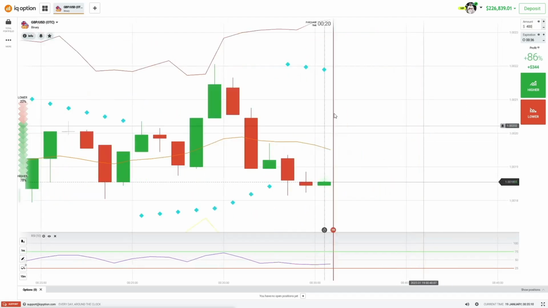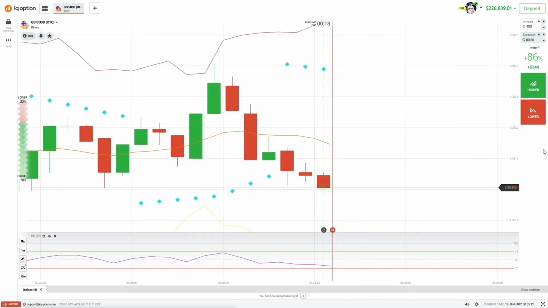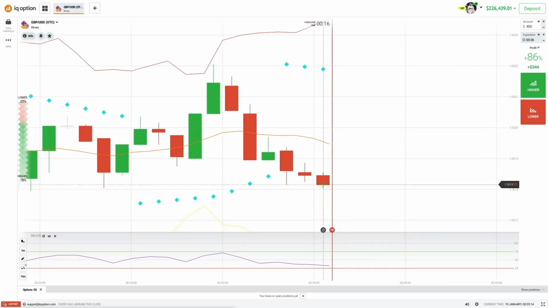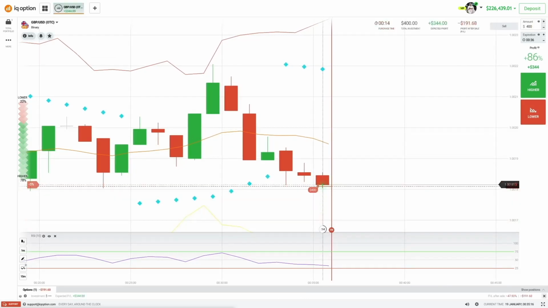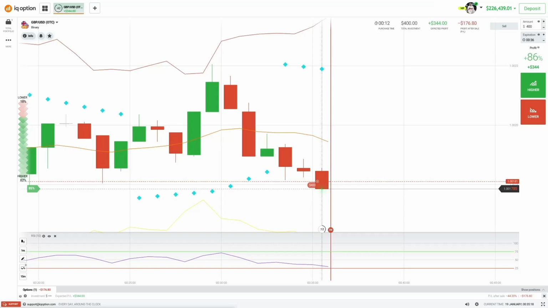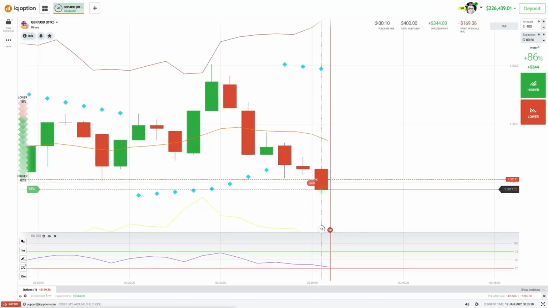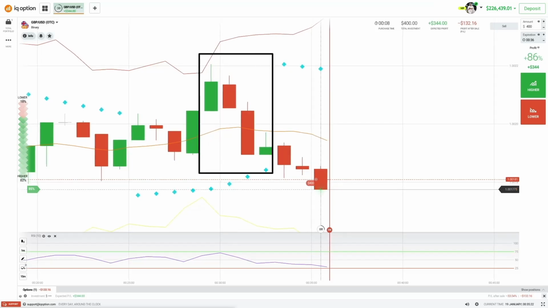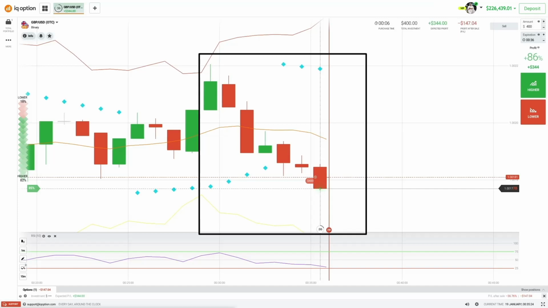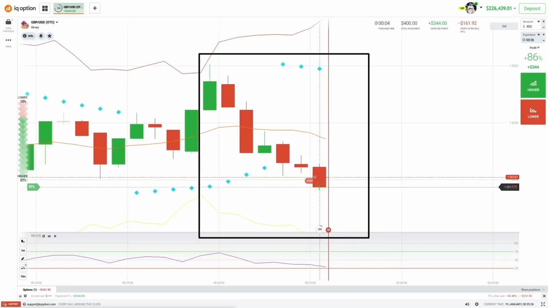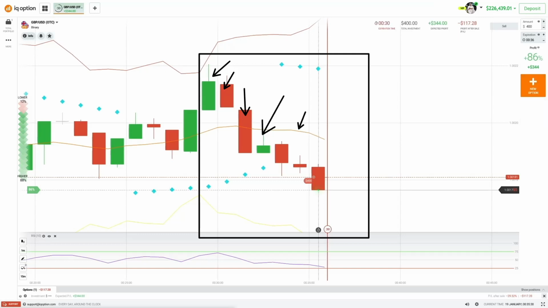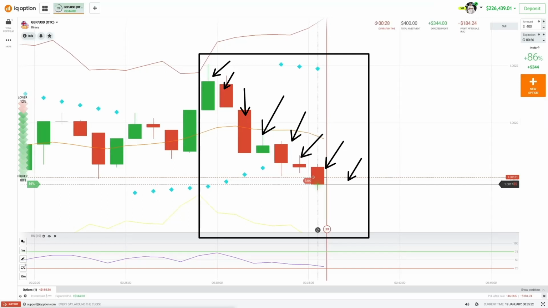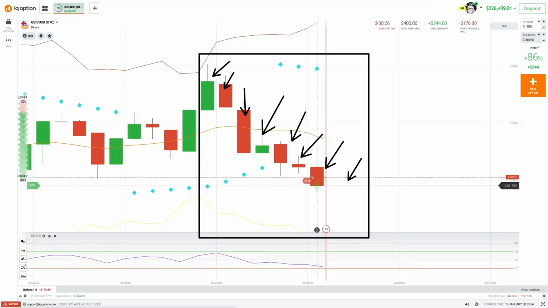Yeah, so what's happening with the signal is basically I'm waiting for the signal. Once I find the signal, I can predict the next, for example, in this case, 1 2 3 4 5 6 7 8, the next 8 candles.